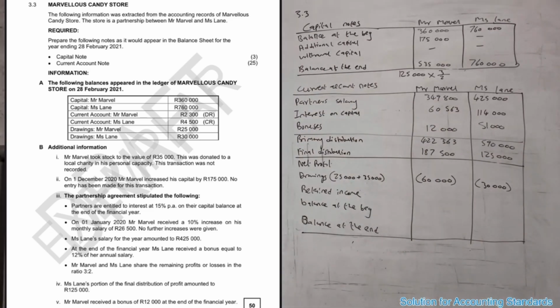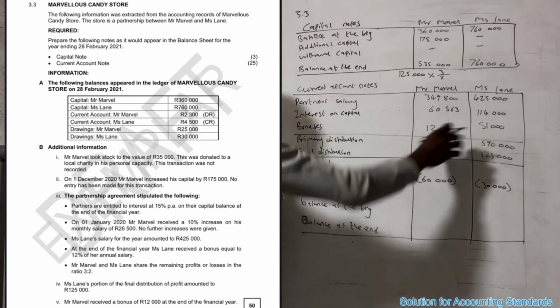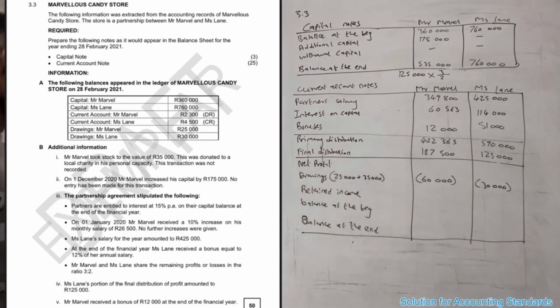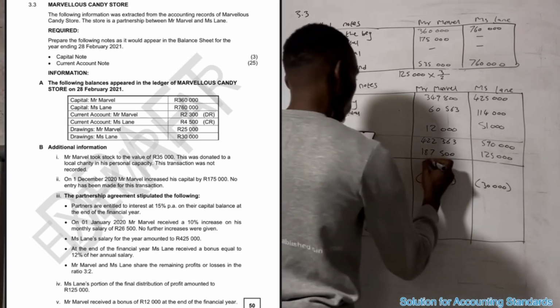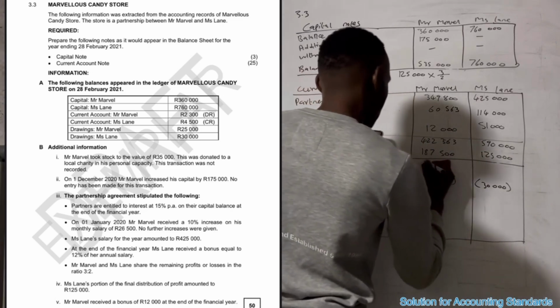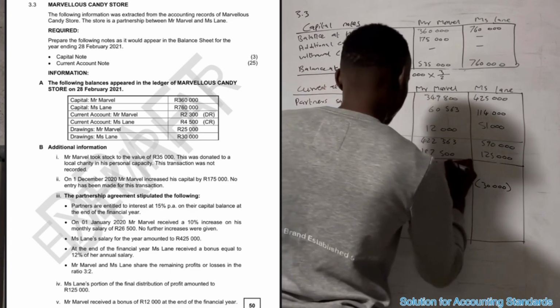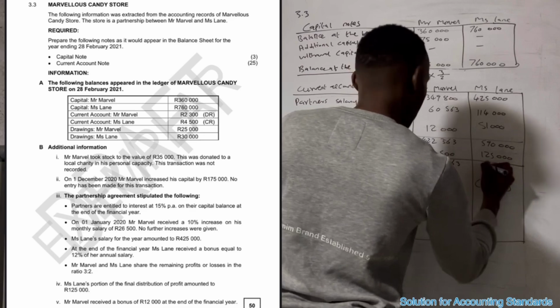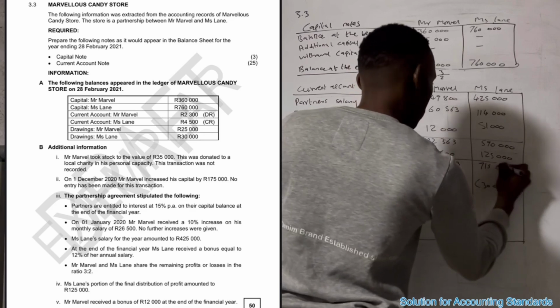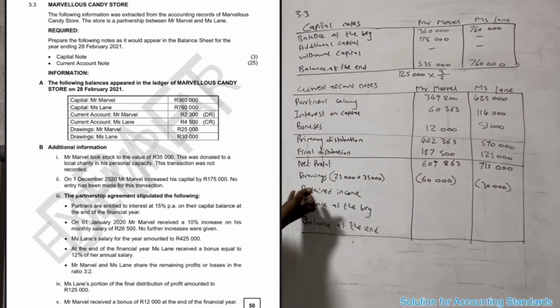Okay. Now let's proceed. Because we already have this, it's simple to proceed. Now we have to get a net profit for the year. You just add these two, you add these two. This side is going to give you 609,863. This side you're going to get 715,000. Okay, retained income, guys.